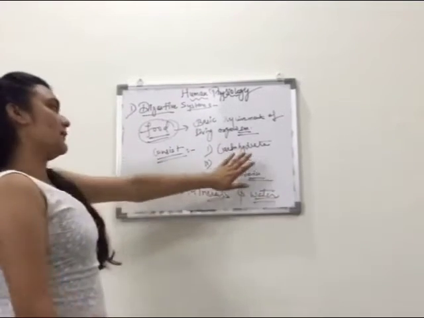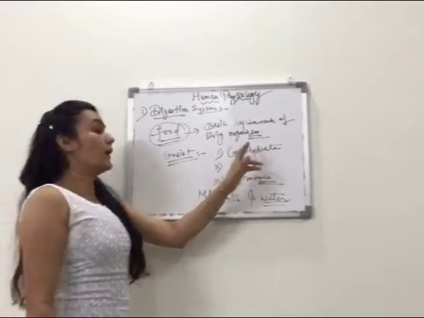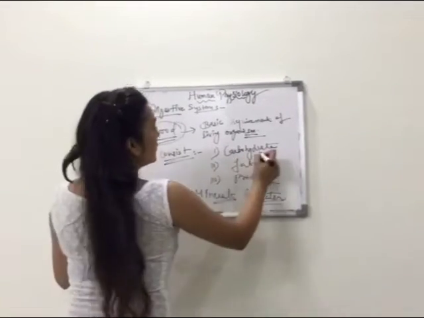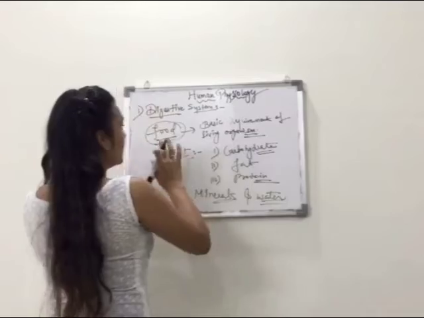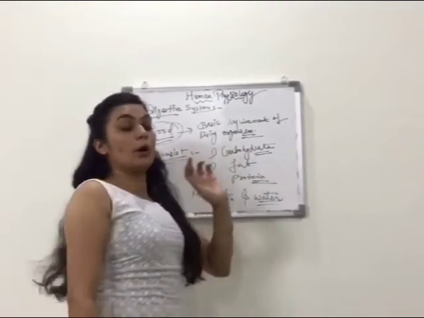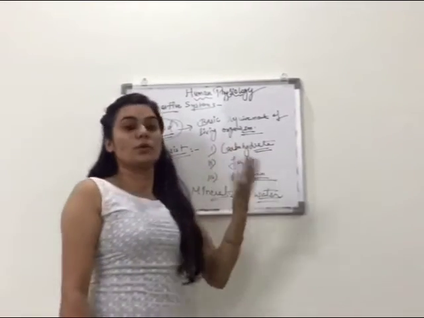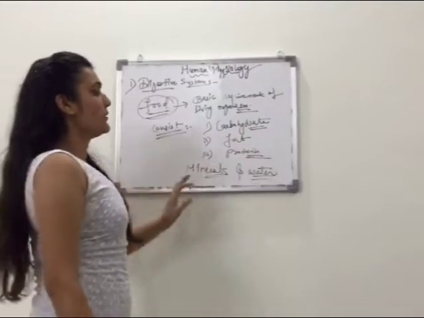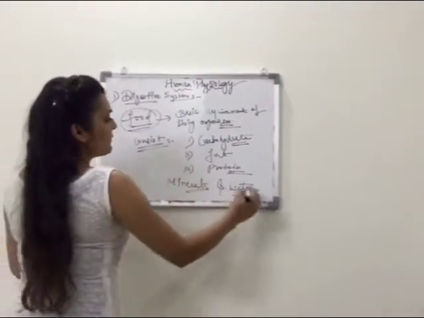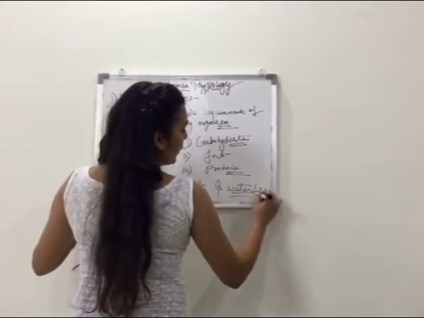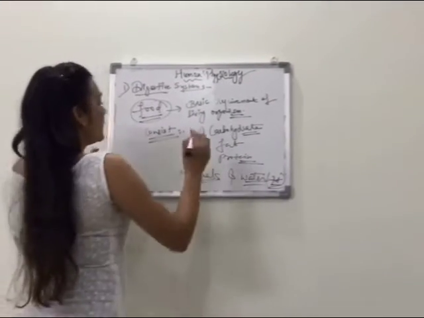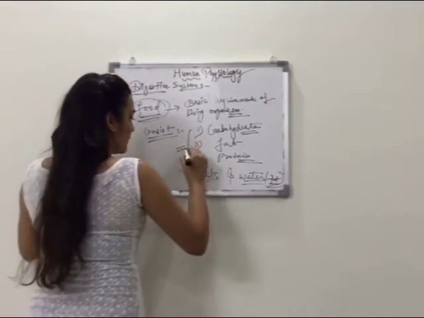These are biomacromolecules, meaning they are bigger in size, so they cannot be digested in their original forms. Food consists of carbohydrate, fat, proteins, minerals and water, and about 70% of our body is water.